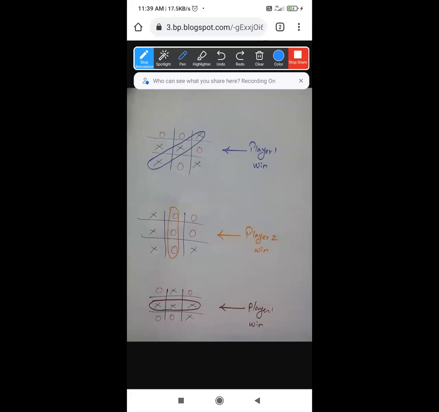Next, player one will win because he has the position like this. Either horizontally, vertically, or diagonally, if one player gets XXX, then the X player is going to win. Or if player O gets O's in a horizontal, vertical, or diagonal position, then player O will win. That's it.